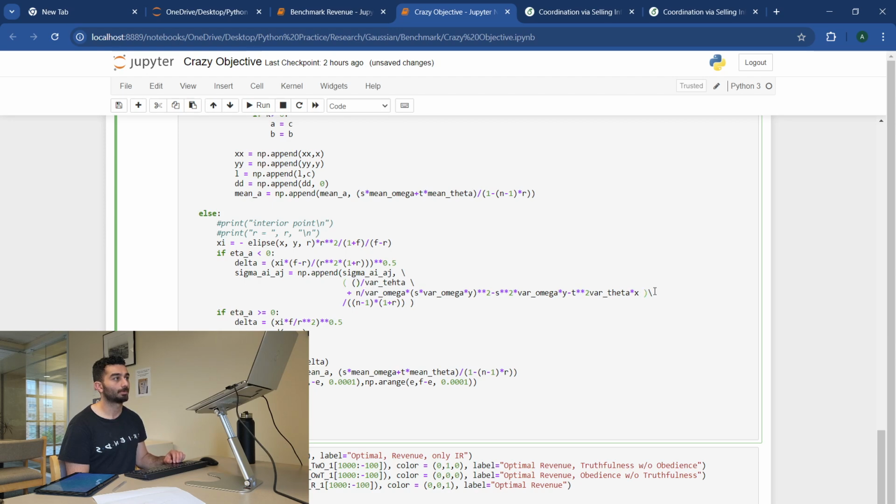What about this one? Exactly. Okay. 1 plus r sigma ai theta I times sigma ai theta I will be t var theta x minus t.